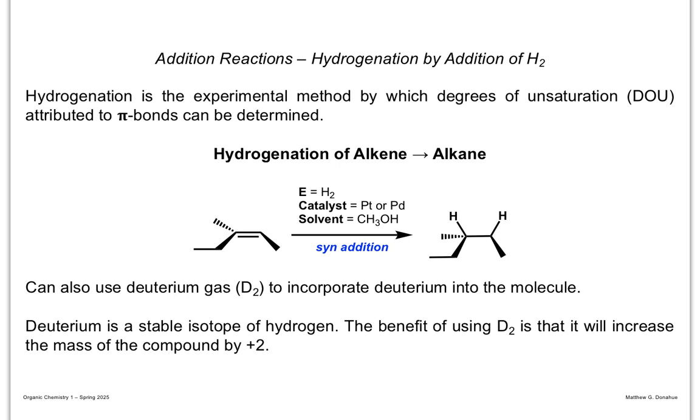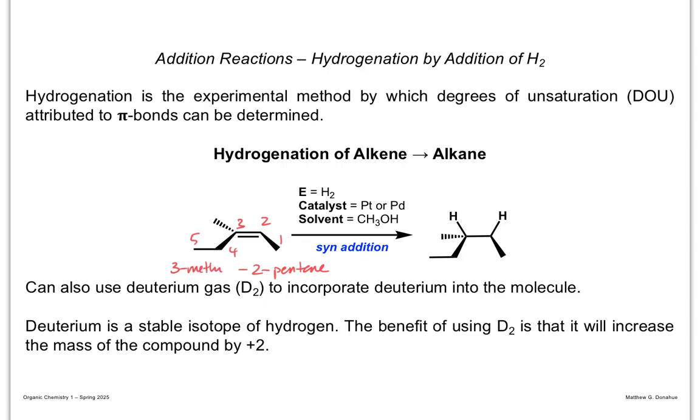So the alkene shown is a 2-pentene derivative. At the 3 position, we have a methyl group.